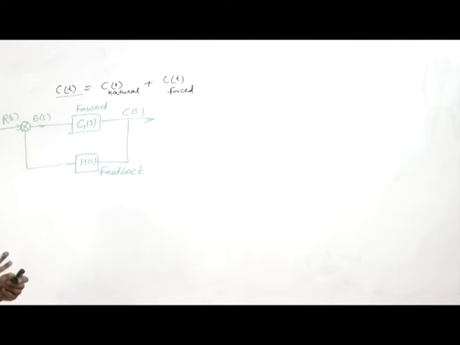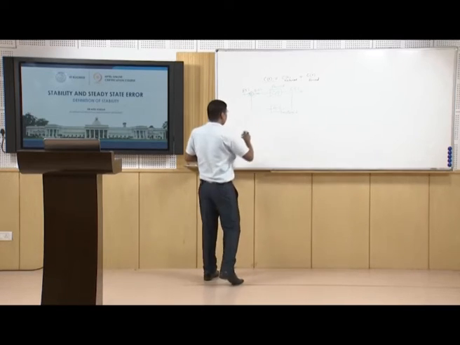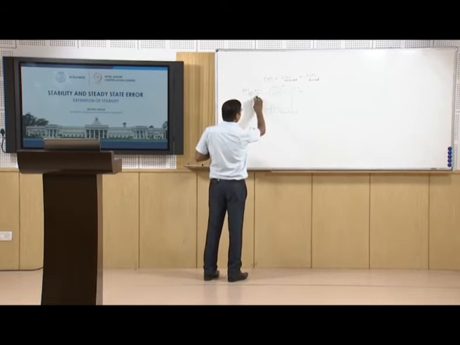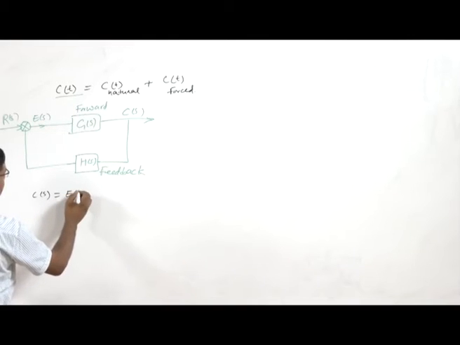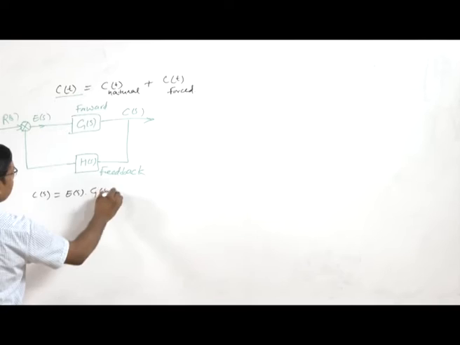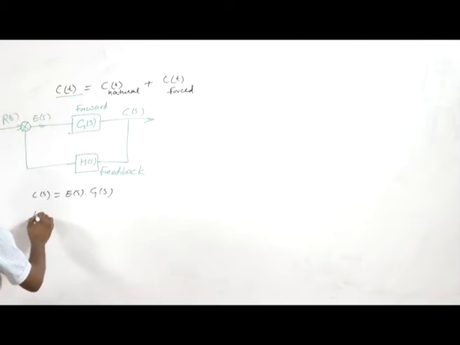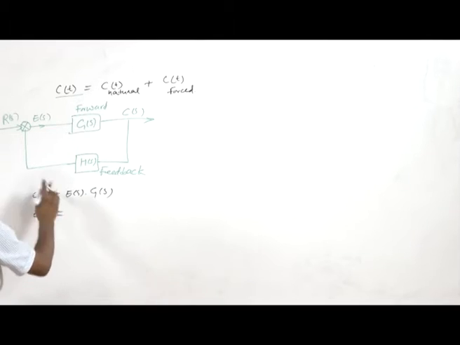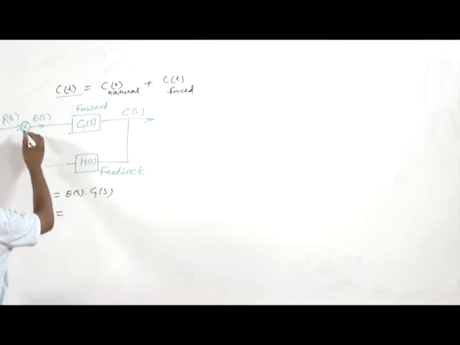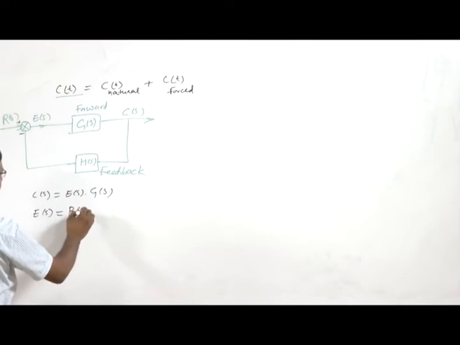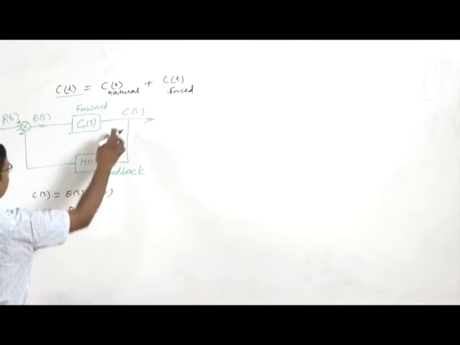We have to find the equivalent transfer function of this system. We can write C(s) equal to E(s) into G(s), and E(s) equal to R(s) minus H(s) into C(s).